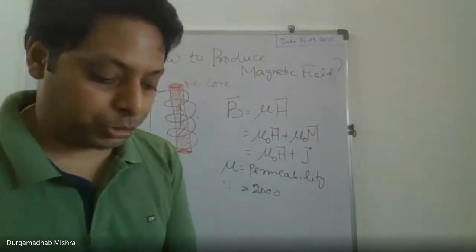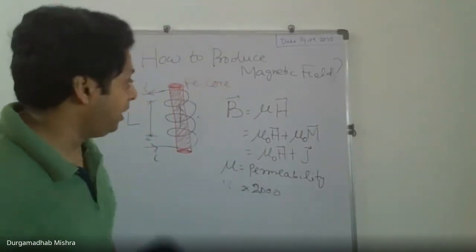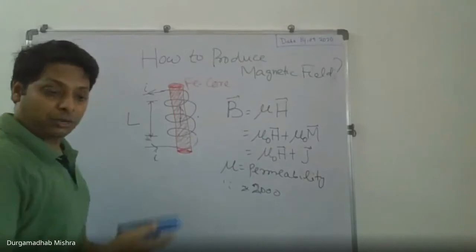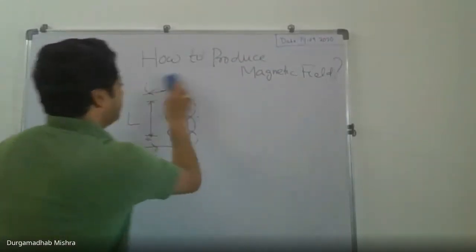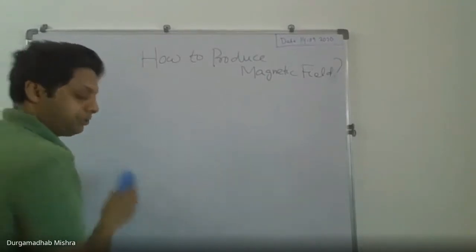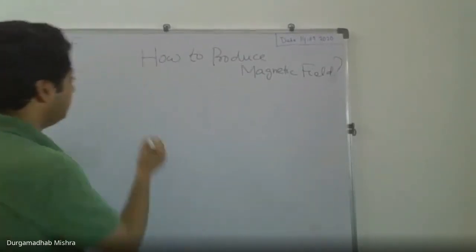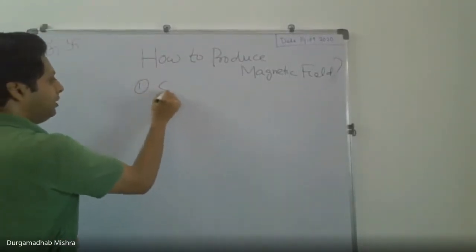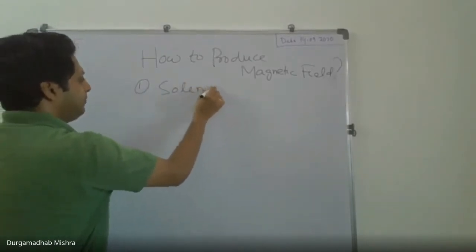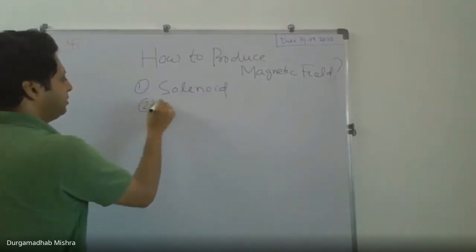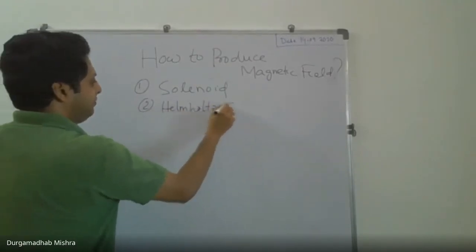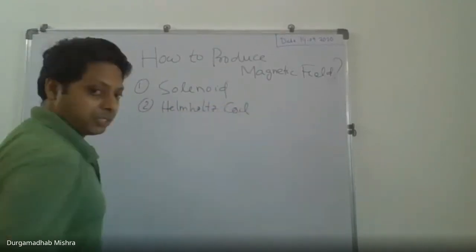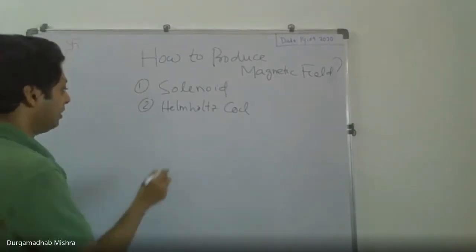Okay, so there is also another, so when we talk about solenoids, I'll just write down these different ways: how do you produce the field? One is solenoid, second is Helmholtz coil. You might have seen it in a physics lab already.